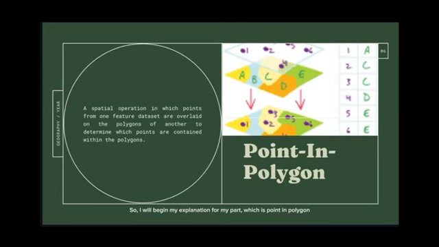So, I will begin my explanation for my part, which is point in polygon. Point in polygon is a spatial operation in which points from one feature dataset are overlaid on the polygons of another to determine which points are contained within the polygons.